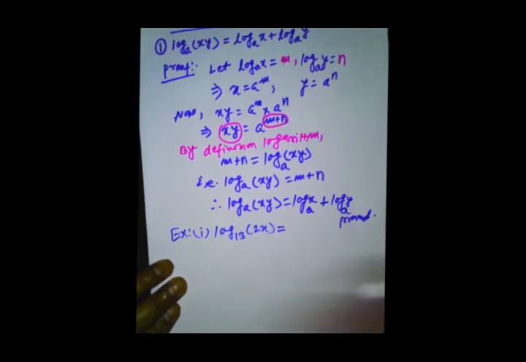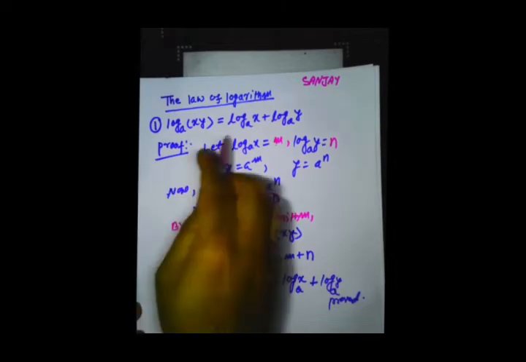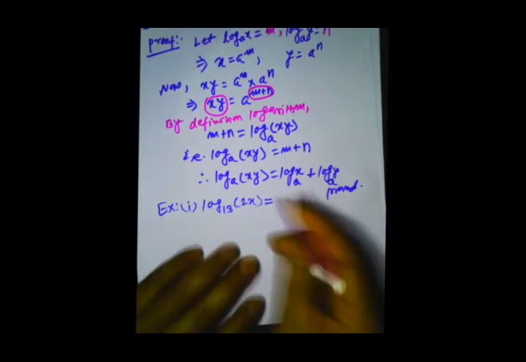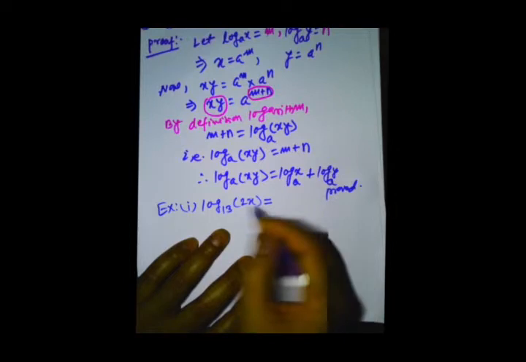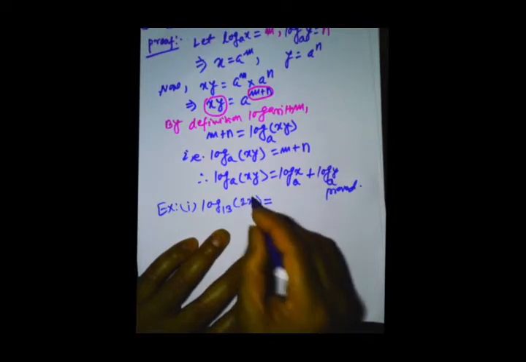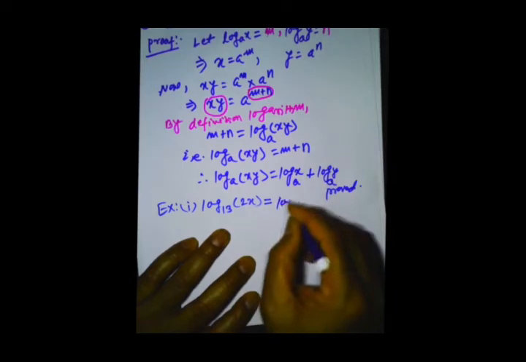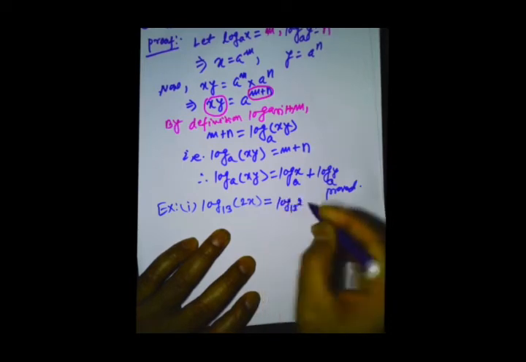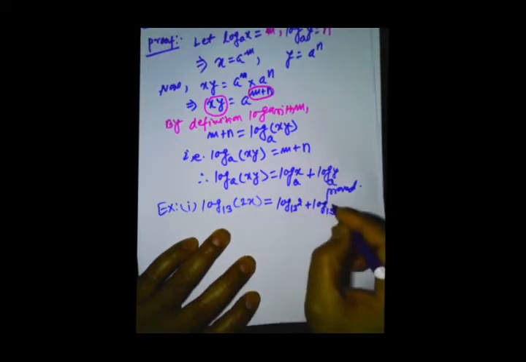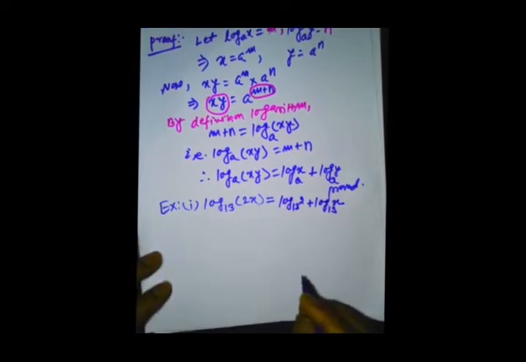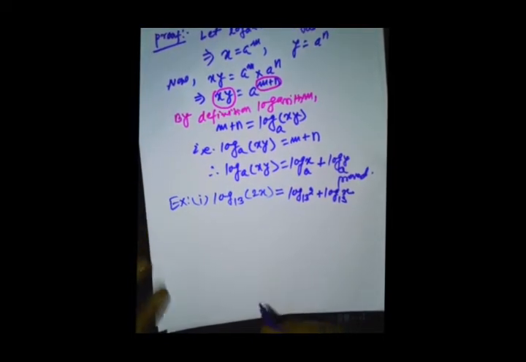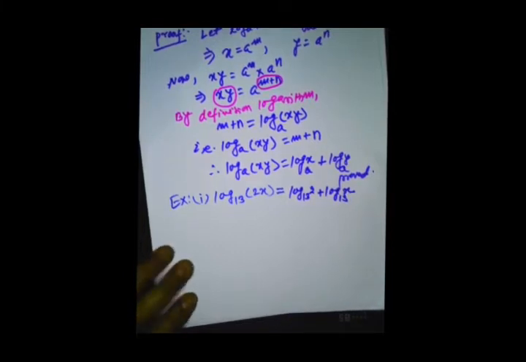If you use the law of logarithm, you can expand it like this: log base 13 of 2 plus log base 13 of x. So in this way you can simplify the logarithm function.